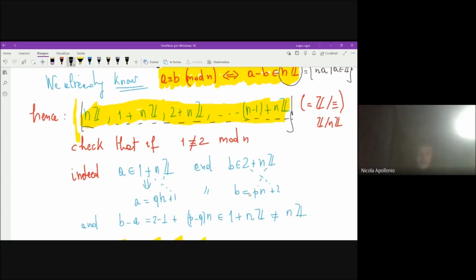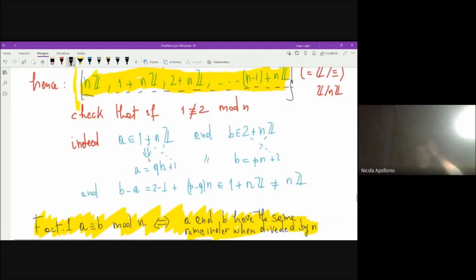And indeed, this is true because saying that A belongs to this class means that A is equal to a specially picked multiple of n plus 1, and B is a specially picked multiple of n plus 2. Just do the operation.